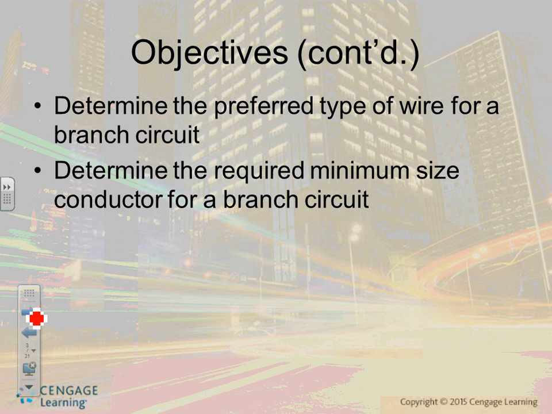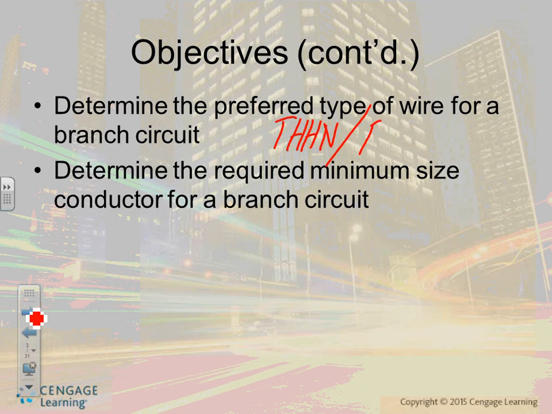Determine the preferred type of wires for the branch circuit. Can anybody tell me, if you see one insulation, you'll be right 90% of the time? Can anybody give me the insulation? Start with T, T, H, N. So that's 90%. To be 100%, what would you do?